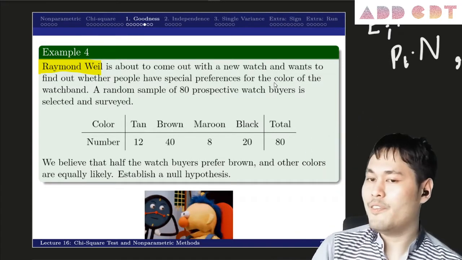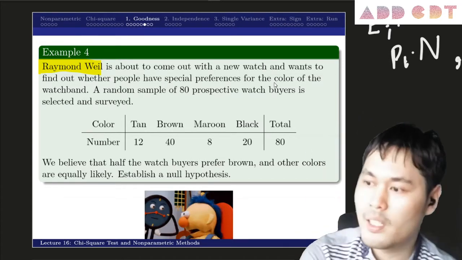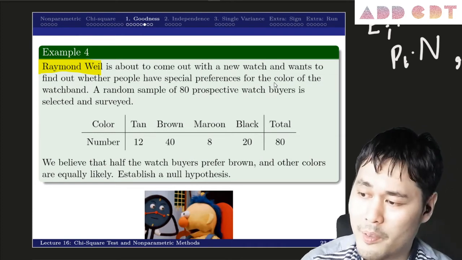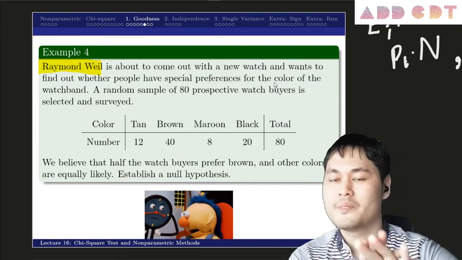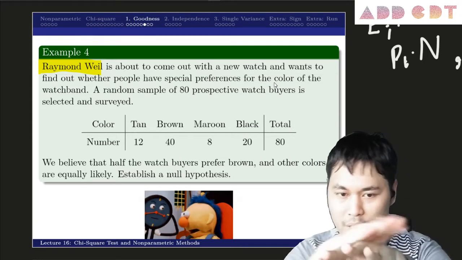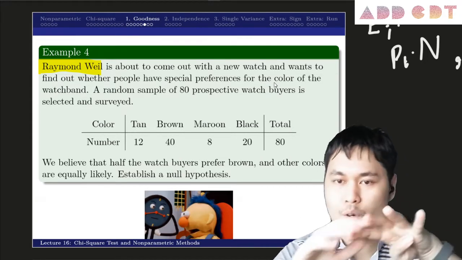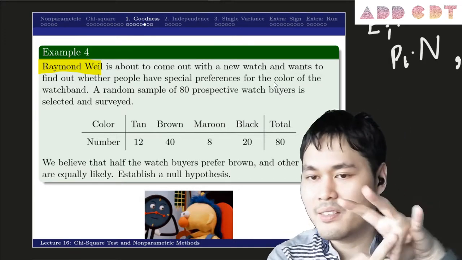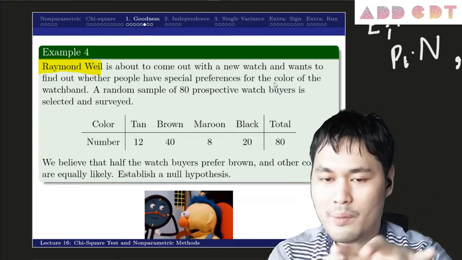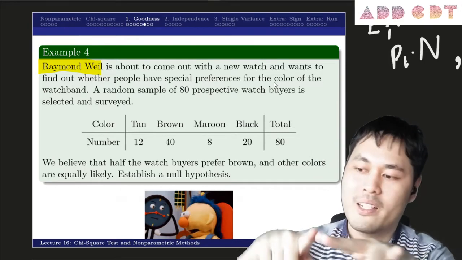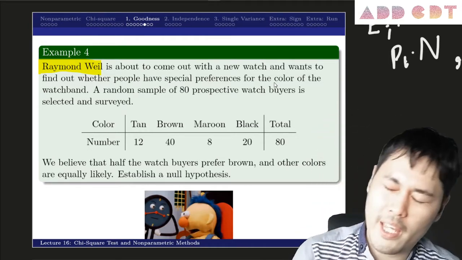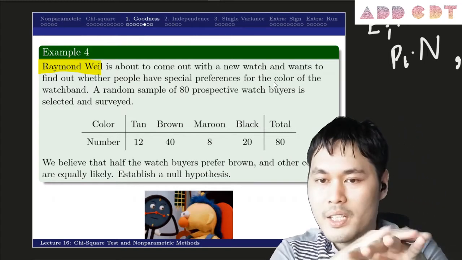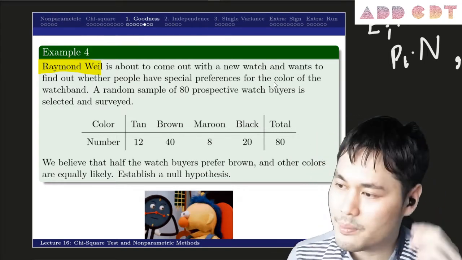But if they believe that some color is more preferred, like if you think that people prefer black or brown, then they can adjust these numbers. If they produce the same number, then one of the colors would deplete fast, and they will have an excess of one color that no one wants. So they want to do the survey to make sure they produce the right amount of watches in each color.